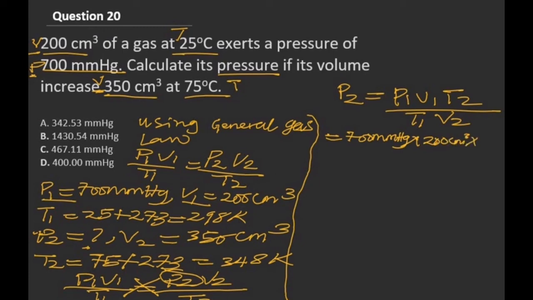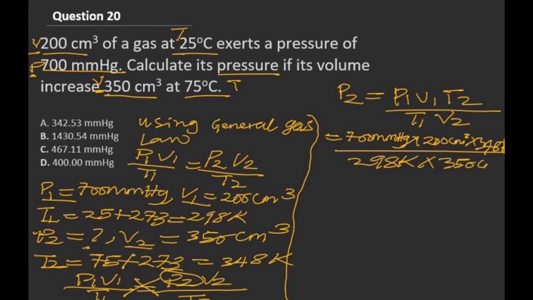Then our T2 is 348 Kelvin, over our T1, which in the question is 298 Kelvin, times our V2, which is 350 cm cube.